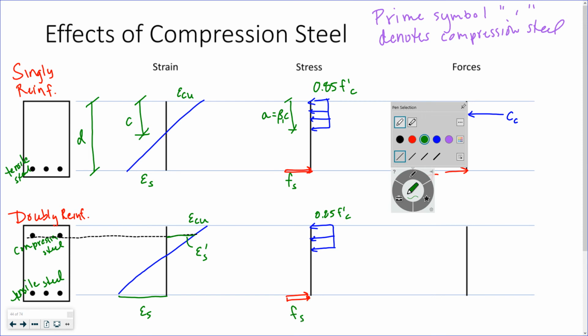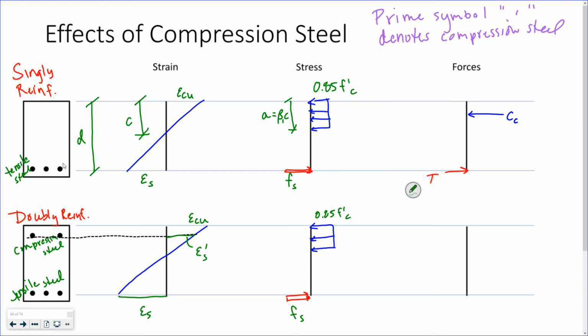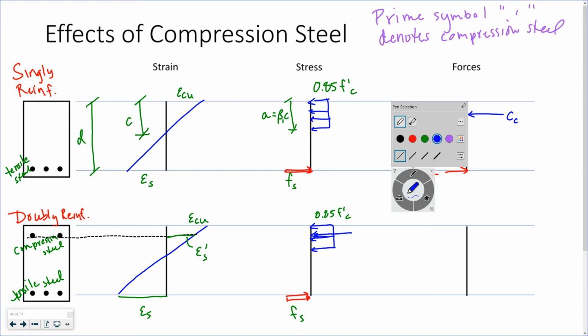But if I have strained my compression steel, applying a strain means there's stress in it, right? Except it's not in tension, it's a compression stress. So that is a value Fs prime.